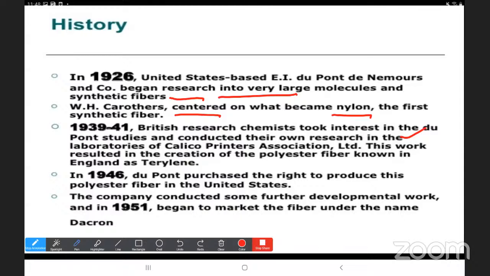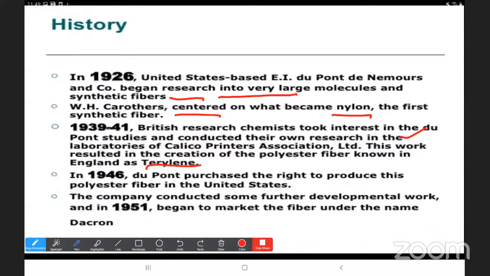So this work resulted in the creation of the polyester fiber known in England as terylene. I already said this is also known as terylene.